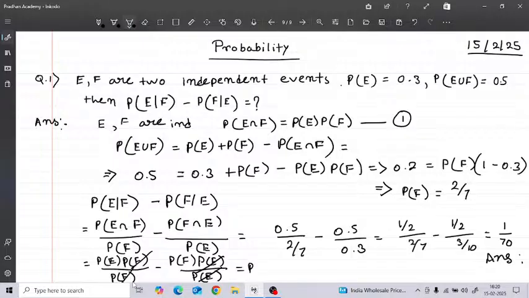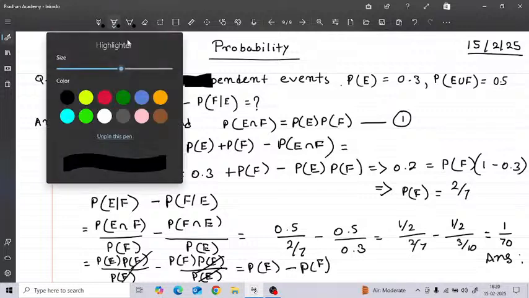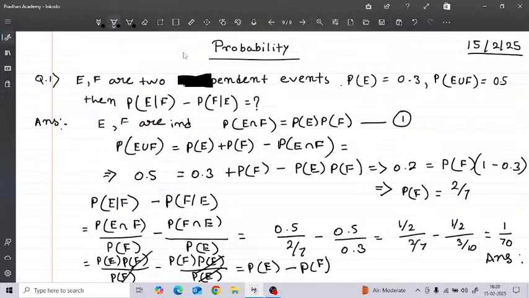So from this we can also solve it like this: probability of E minus probability of F. So before solving the question, we have to read this line very carefully, that is, whether two events are independent or not. That's the most important thing. Now moving to the second question.